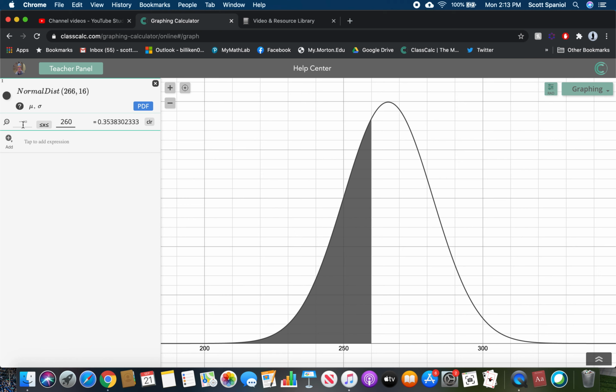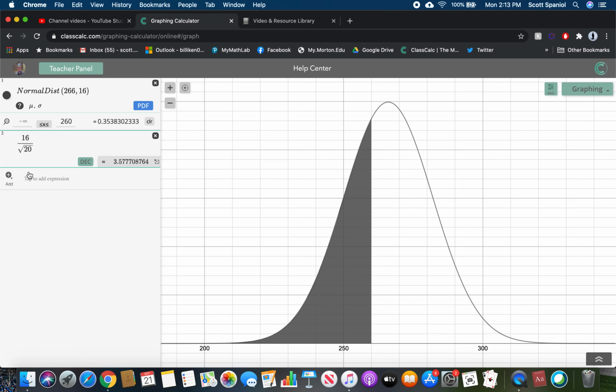So 16 divided by the square root of 20, which is 3.5777.